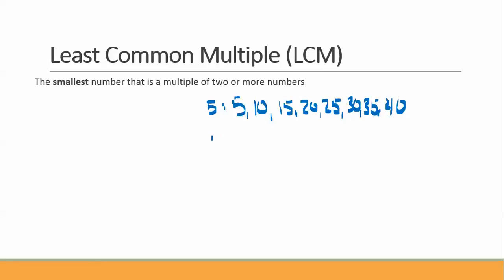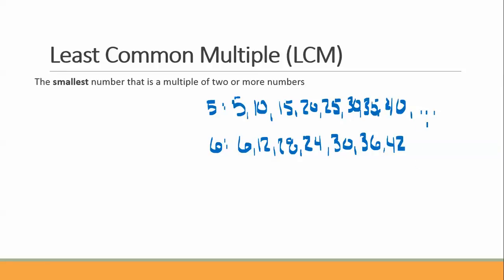Let's do the multiples of 6. The multiples of 6 are 6, 12, 18, 24, 30, 36, 42, and you can keep going. Both of these keep going forever. The least common multiple is the smallest number that is a multiple of 2 or more numbers.